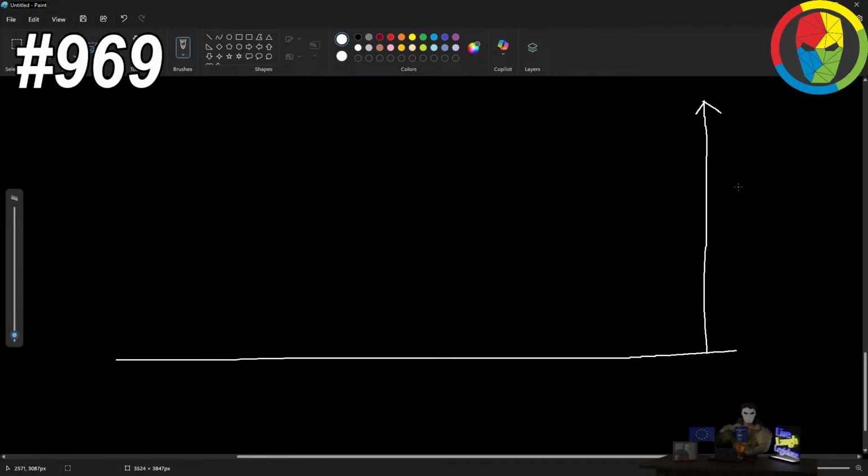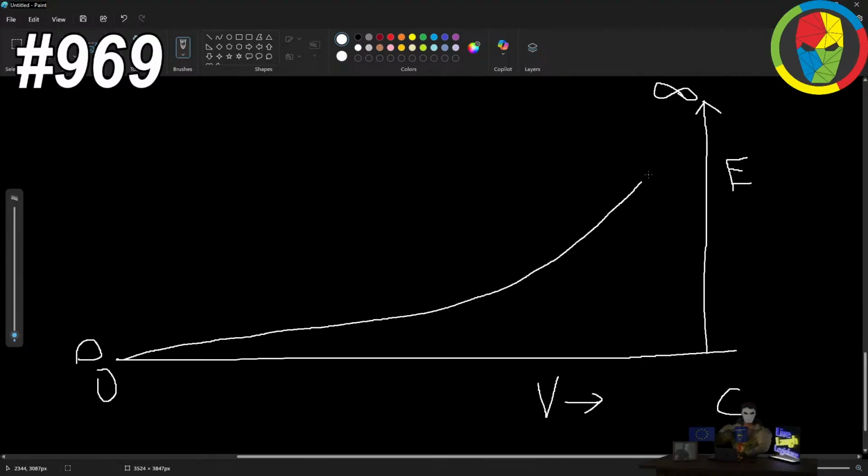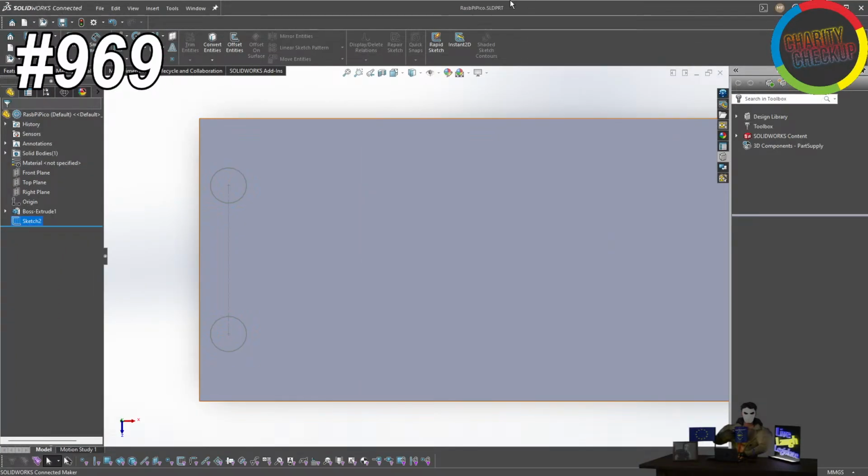If you imagine a graph of energy, which tells us how much energy we need to accelerate something to a certain velocity, so this is velocity starting at 0, ending at c, the speed of light, and this is the energy, starting at 0, ending at infinity, going forever. Then that graph would effectively look something like this. Art is interpretation again, but the basic idea is that if you want to accelerate something to the speed of light, you need an infinite amount of energy. Not possible, therefore it can't reach the speed of light. Unless it's massless, in which case the rules are different.